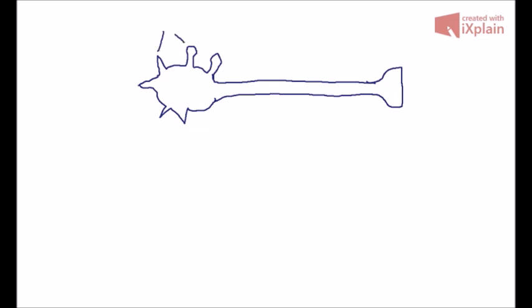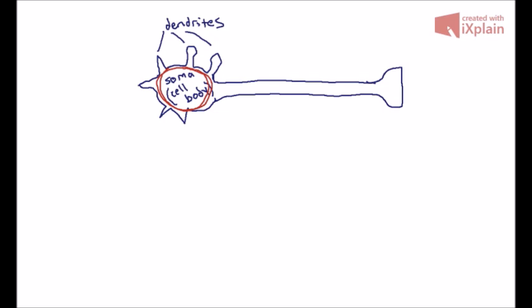So these are dendrites, and they're sticking out of the soma, or the cell body, and that's like the head of the neuron. This round part is the soma, and the dendrites are sticking out of it.